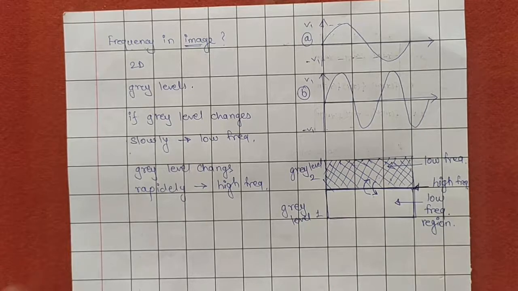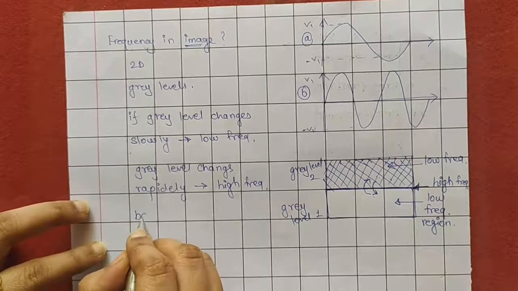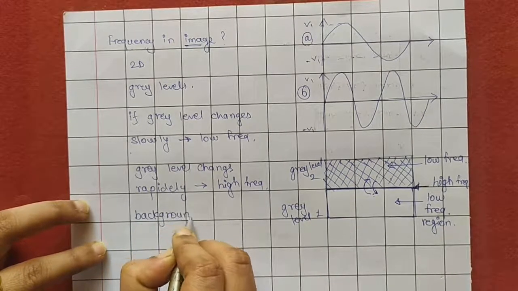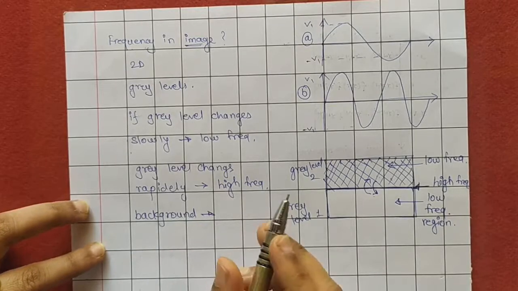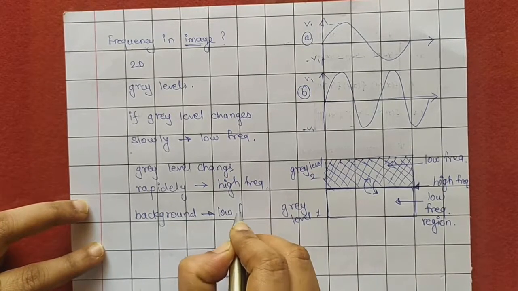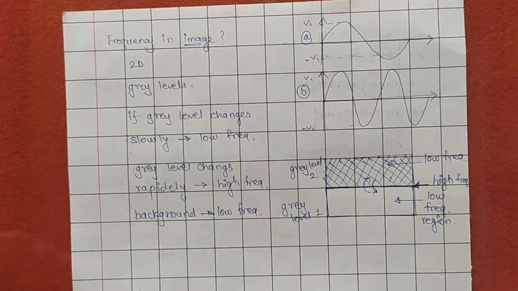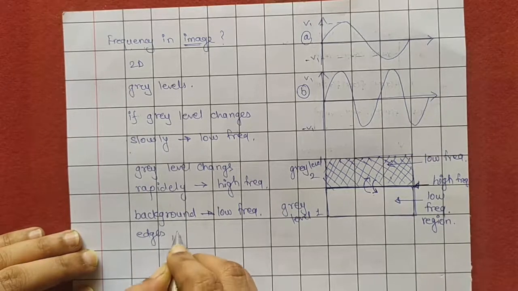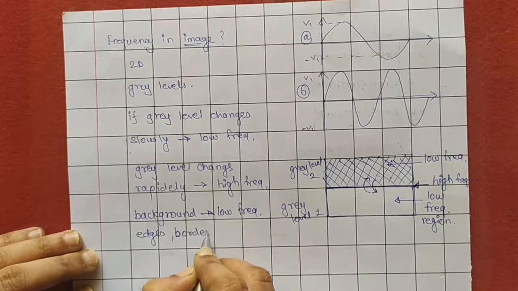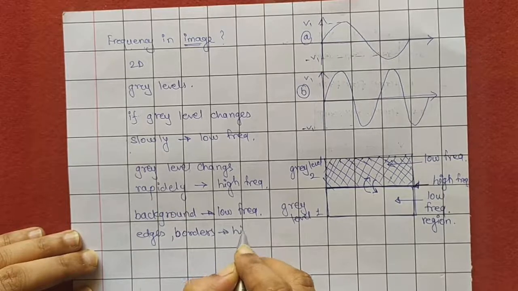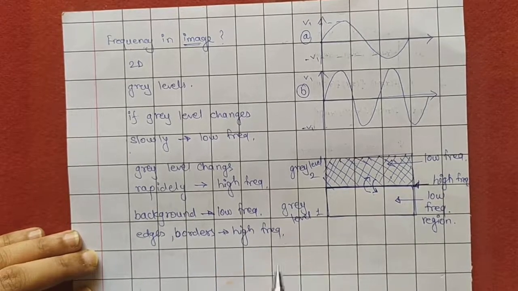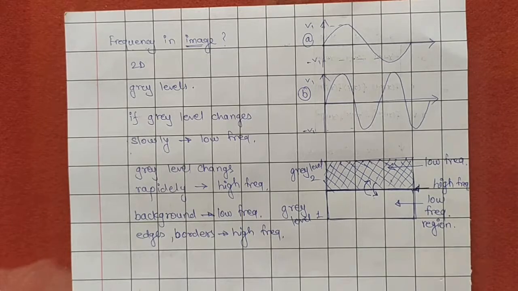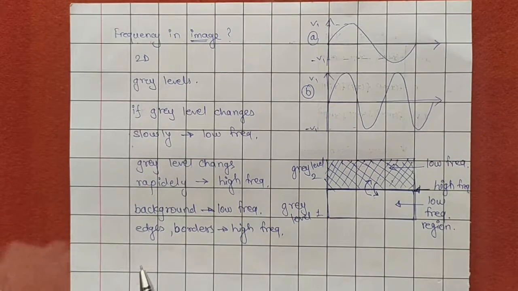That's why in images, the backgrounds are generally considered low frequency regions, and the edges or borders are considered high frequency regions. This is the frequency concept in the case of images.